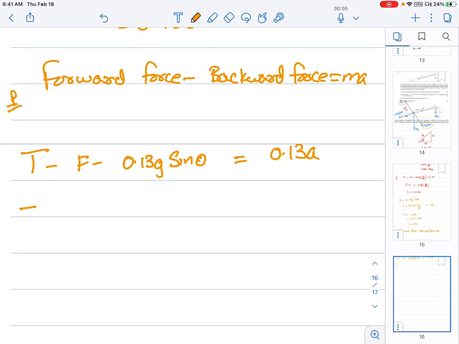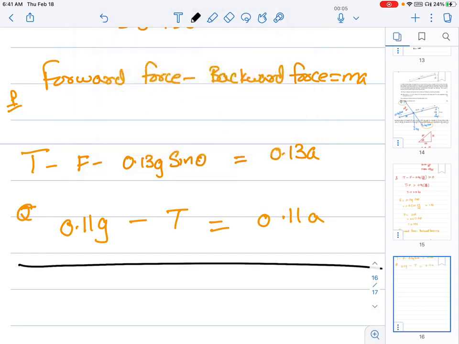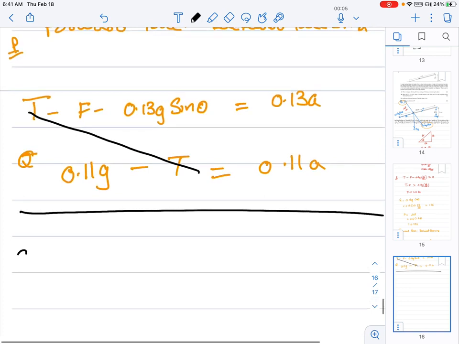So tension, that is one equation. Then for Q, what is another equation? The forward force is nothing but 0.11 G minus backward force, tension, is equal to 0.11 A. Now add these two equations. Tension cancels. What do I get? 0.11 G minus frictional force.